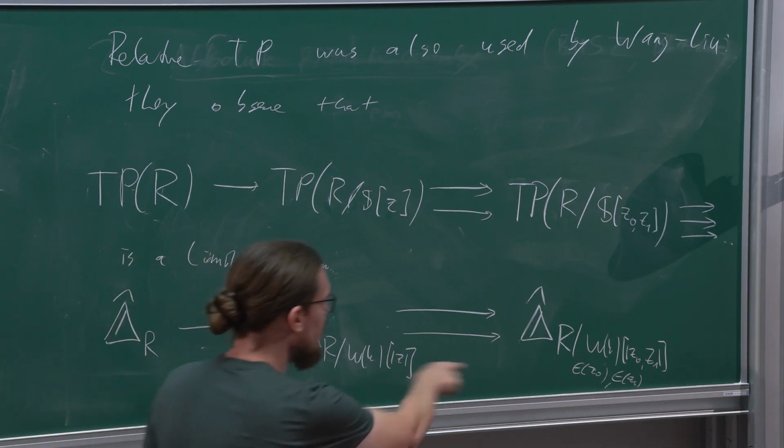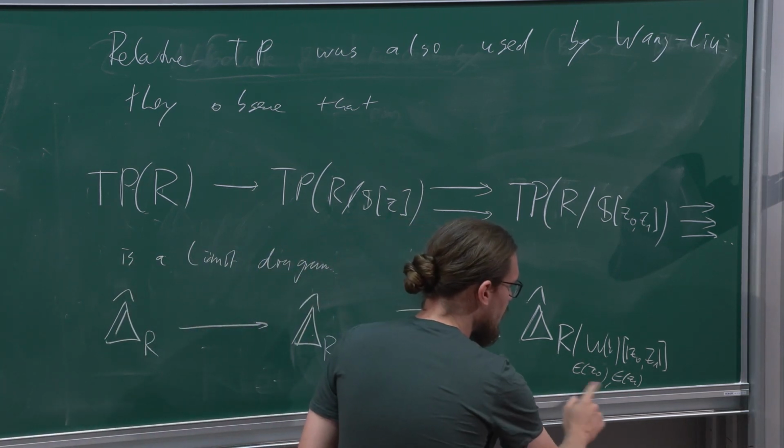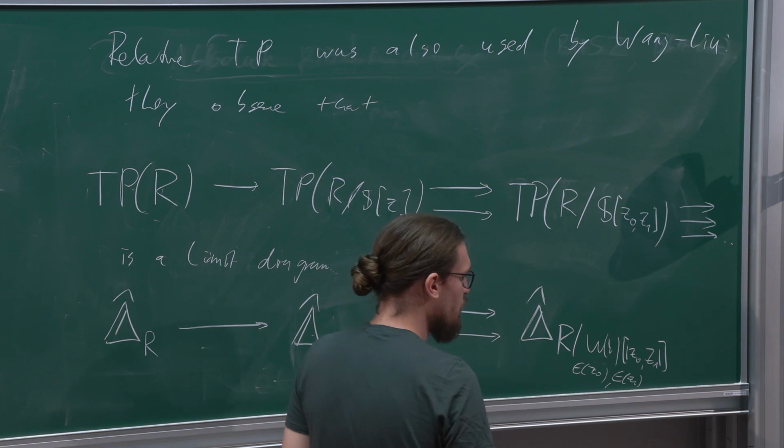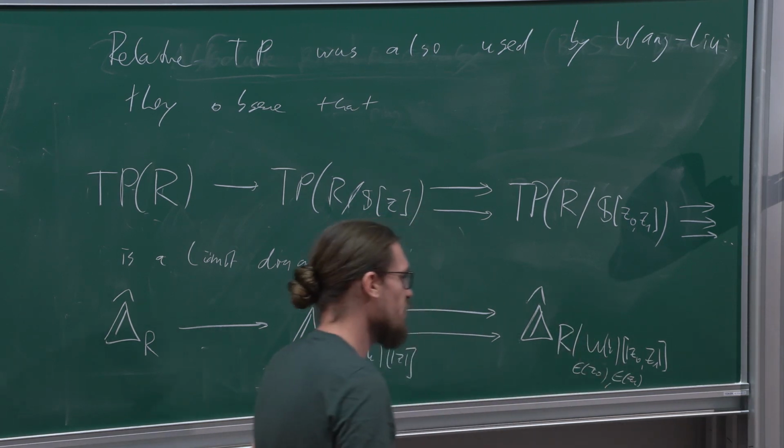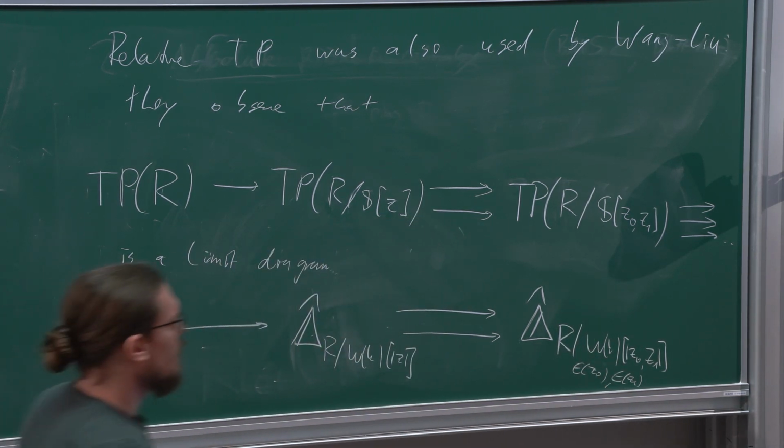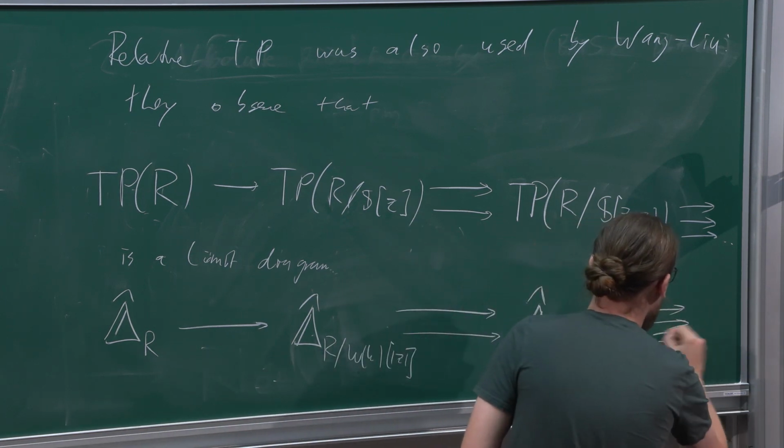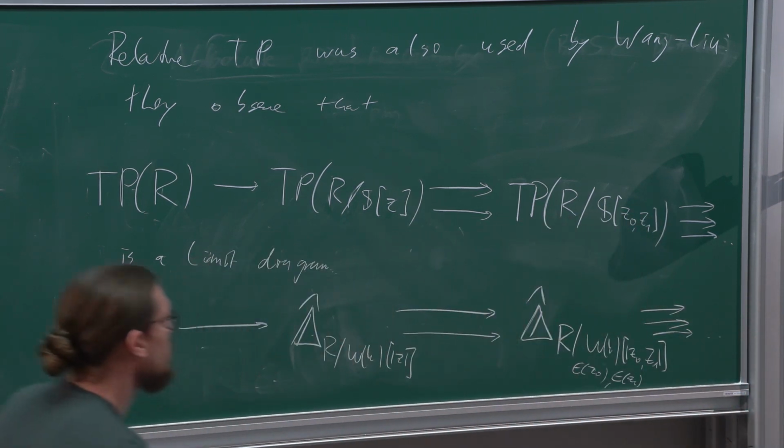So what you would need to write down this diagram is some kind of statement that it doesn't matter which of the two you pick, that there's a canonical isomorphism between these two different things. And then, of course, you have the same problem going on, which could be solved in the same way.